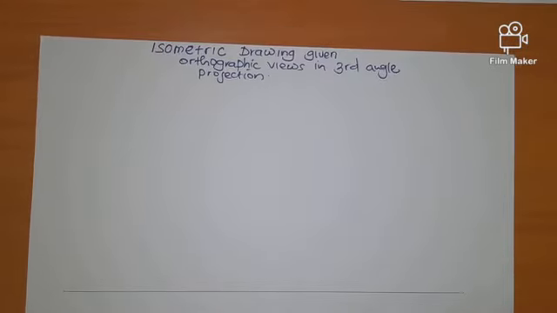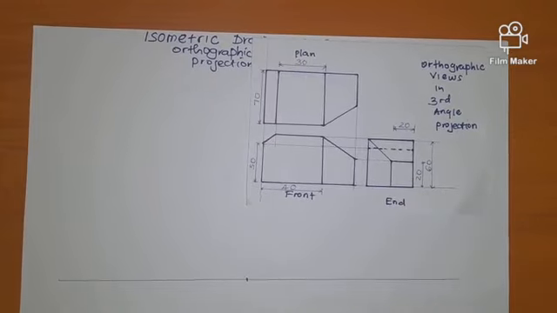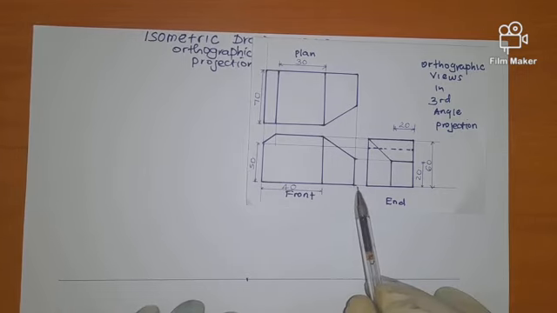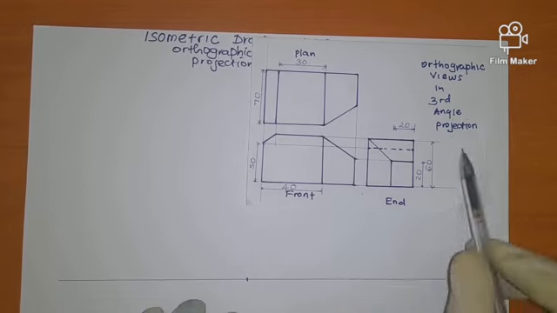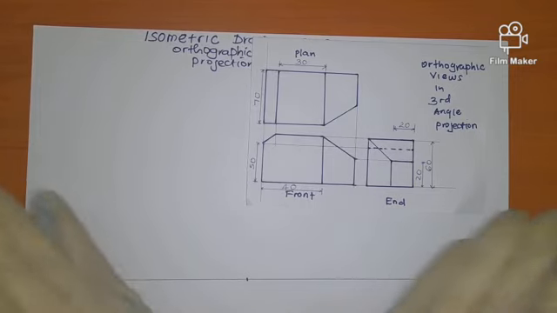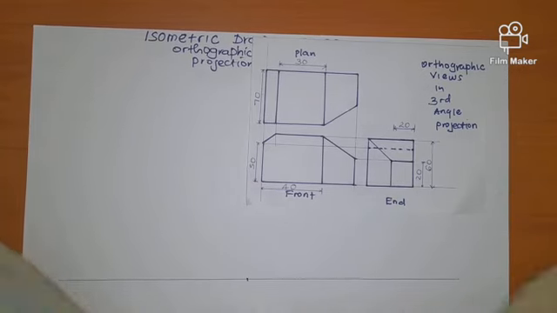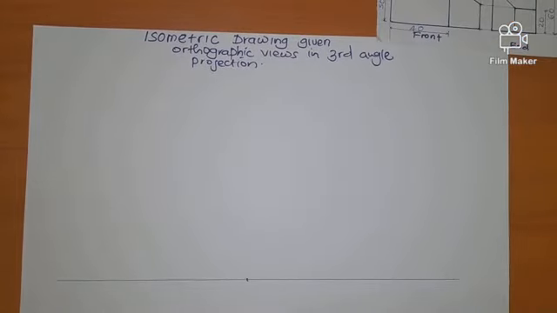Now we are going to start drawing from here. Looking at this, we are going to have the starting point, let's say this is the point we are going to start from. So we are going to draw this side, and we are going to draw this part as on the front. This front and this end will be on two isometric lines. So we are going to measure two isometric lines and draw them.